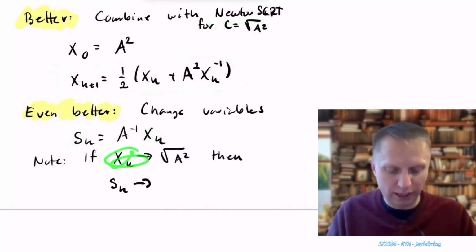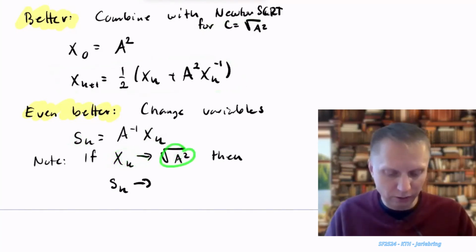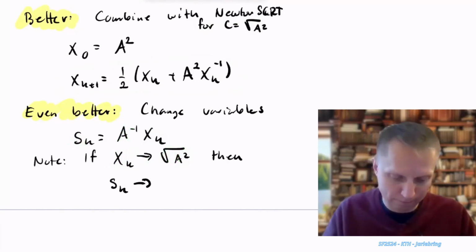And we want that X_k approaches this square root of A. So if we change this variable, then we get A inverse times the square root of the square of A.